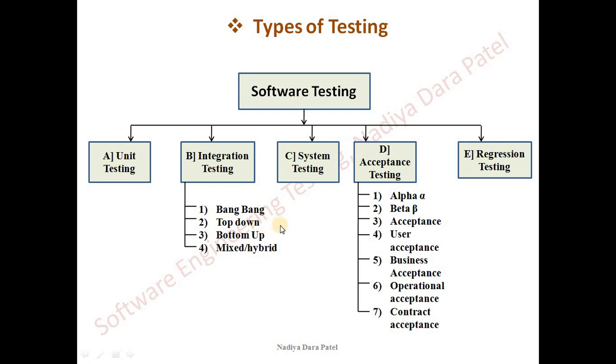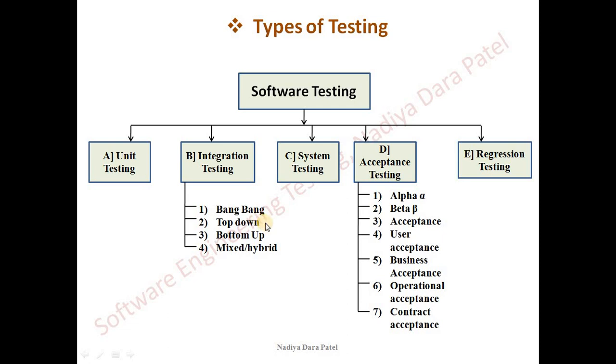Top down is when you pick up the top modules, that is the most important module from your project or software, and you start testing that big module first and slowly approach the smaller ones. Bottom up is exactly opposite to top down. You start with the smallest one, the one of less importance, which should be picked up first and tested under integration testing, and then you slowly approach the important or bigger ones.